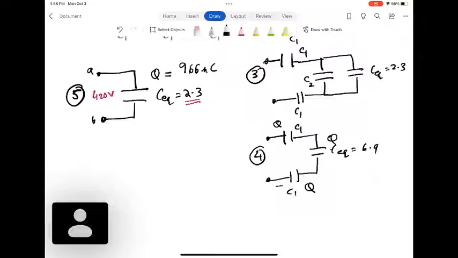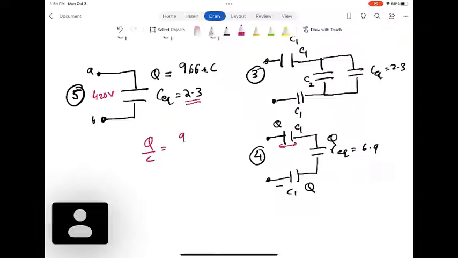So what is the potential difference across C1 in diagram 4? V is equal to Q over C, right? So the potential difference across that C1 is going to be Q divided by C.